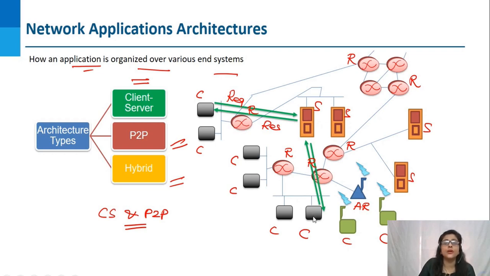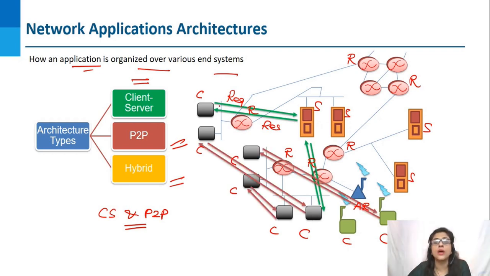But for a peer-to-peer connection, there is no requirement of the server, so the client can directly make a request to another client. So this is a P2P connection. And in response, the other client to which the request has been made can send the response to the client directly.